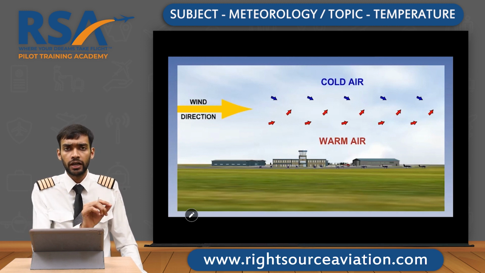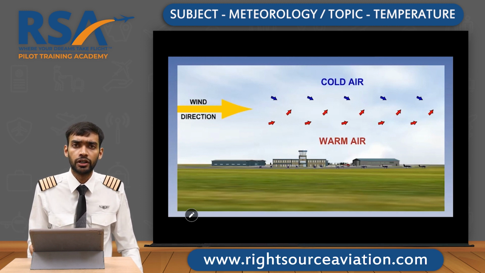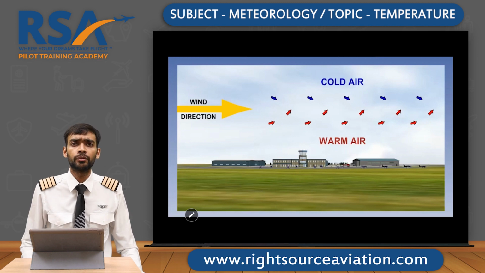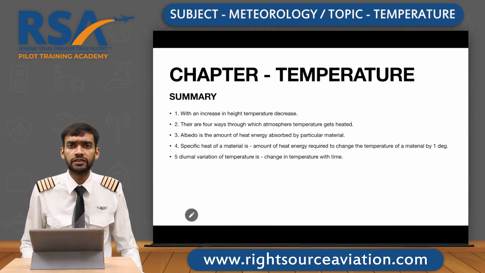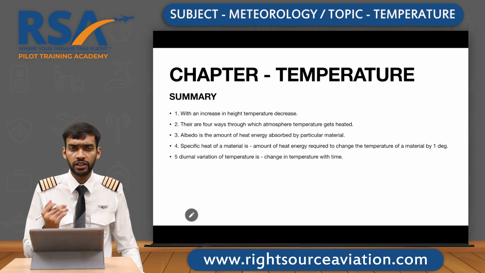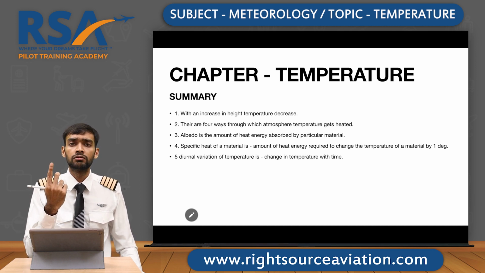I hope that whatever I made you write down, you must have noted down. This is the end of the topic, that is temperature. There is nothing further we need to understand related to temperature. If I brief you with a summary of what we have understood till now: with an increase in height, temperature decreases. There are 4 ways through which our atmosphere gets heated up: conduction, convection, advection and condensation.